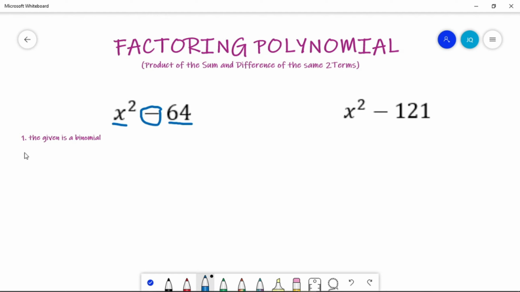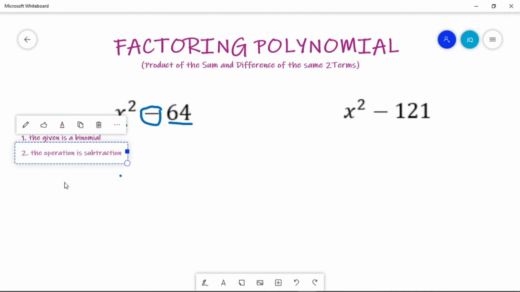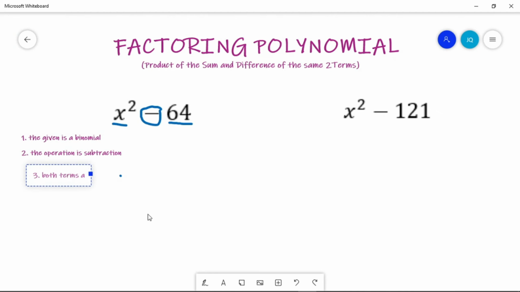Another condition is the operation is subtraction. Okay, and the third one is both terms are perfect square. Okay, when we say perfect square, the exponent of the variable must be 2, 4, 6, divisible by 2, and then the constant, it must be a perfect square.